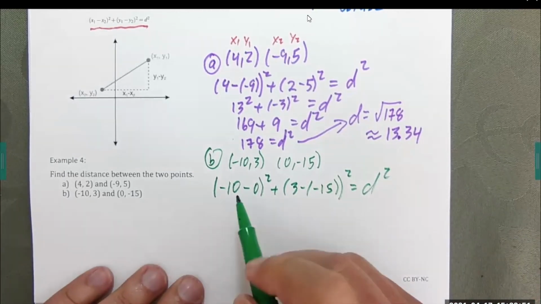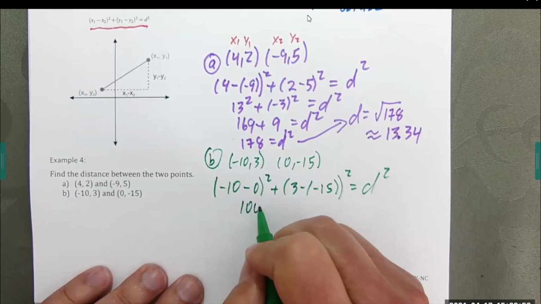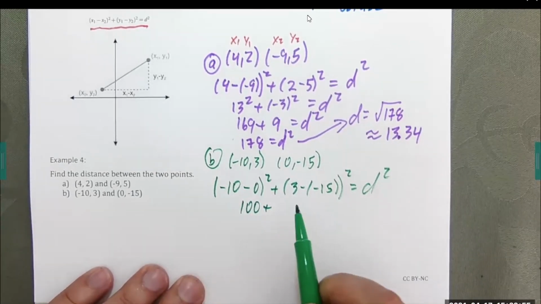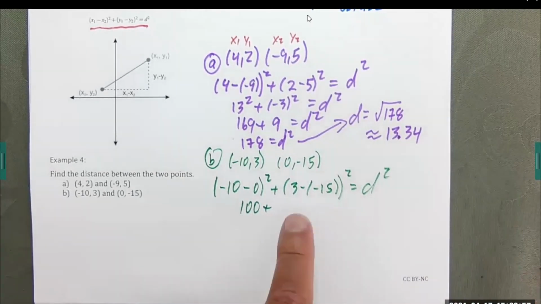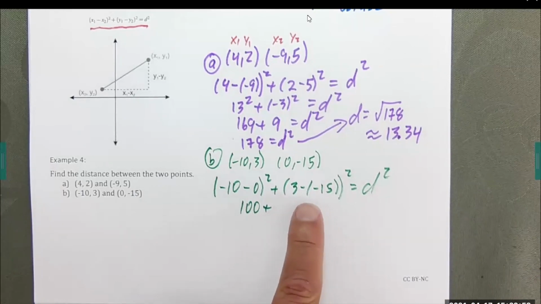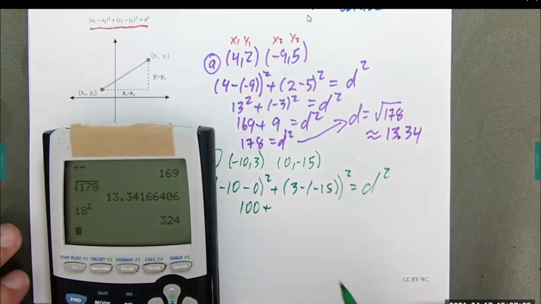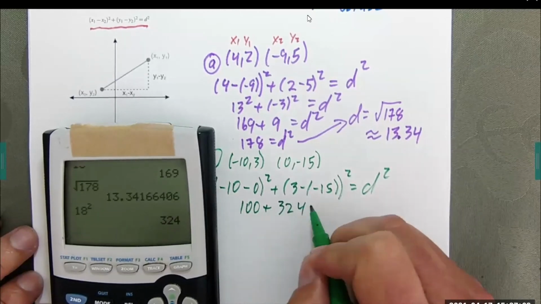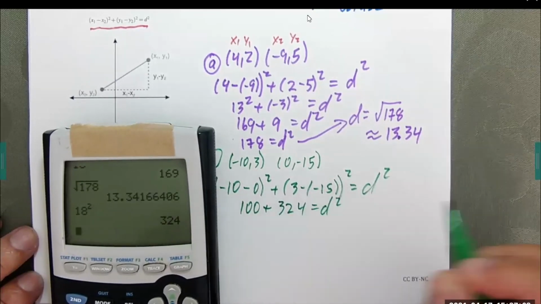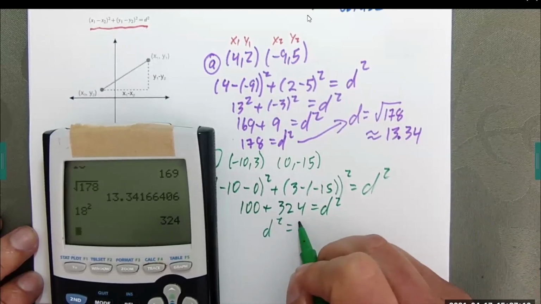So -10 squared is 100. This becomes 18, right? 3 minus -15 is 18. And 18 squared is 324. So d squared equals 424.